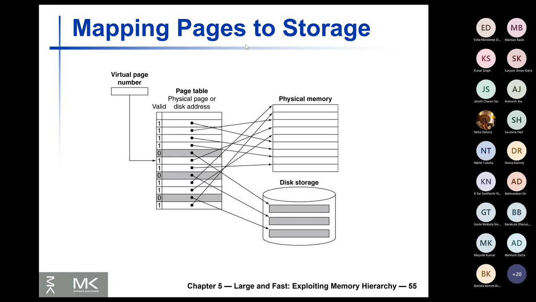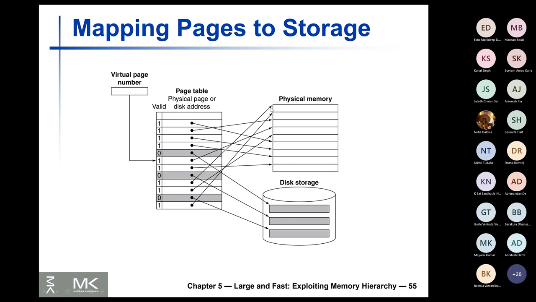Using the page table, you perform a translation for what is the meaning of 10,000 in the context of this process. For this process, what is the physical page corresponding to virtual page number 10,000? That you have to find out. So this virtual page number can be 10,000 for process A, process B, process C, anything.